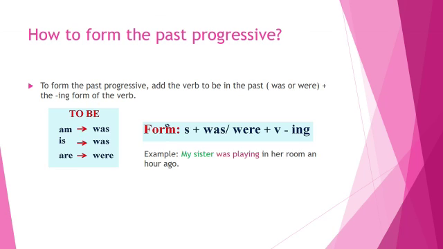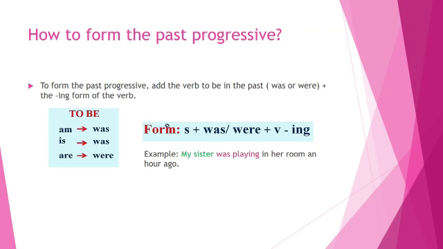Now, how to form the past progressive? To form the past progressive, add the verb to be in the past, was or were, plus the -ing form of the verb. For example, the verb to be in the present is am, is, are.